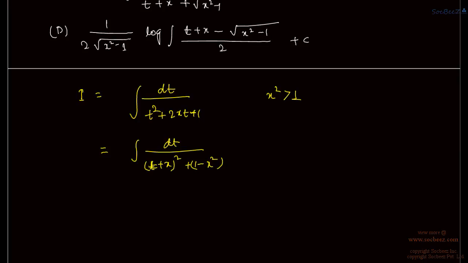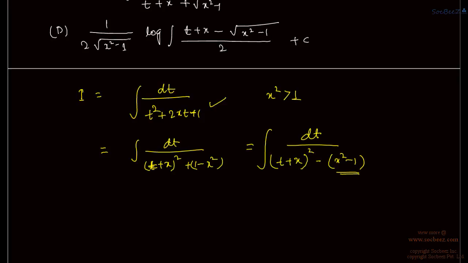Okay, so this is equally good as the above. Now again we can write it as t plus x whole square, since x square is greater than 1, so we can write it as minus x square minus 1, so that this quantity becomes positive, right?